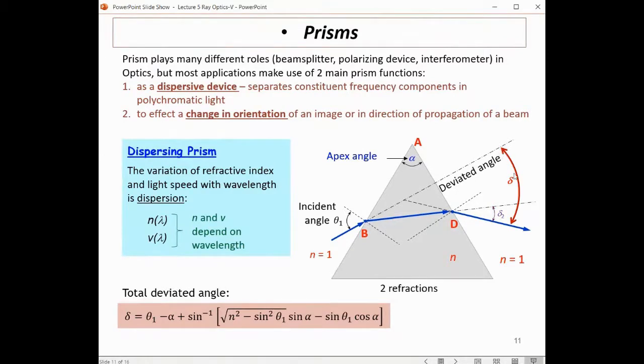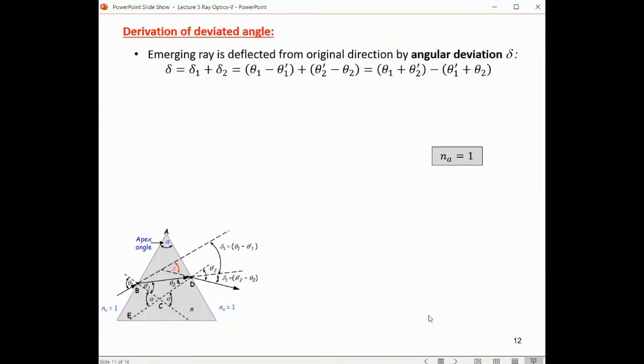So the total deviated angle delta here would be given by the incident angle theta 1 minus the apex angle alpha plus arc sine of the root of n squared, where n is the refractive index of the prism material, minus sine squared theta 1, multiplied by sine alpha minus sine theta 1 cosine alpha. Next, we will then derive this equation.